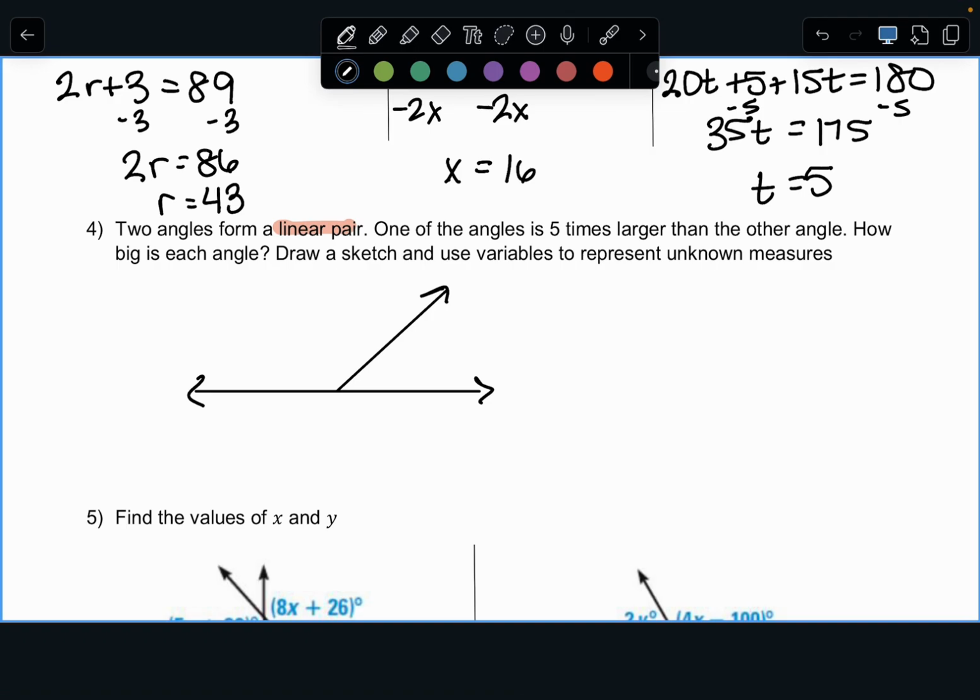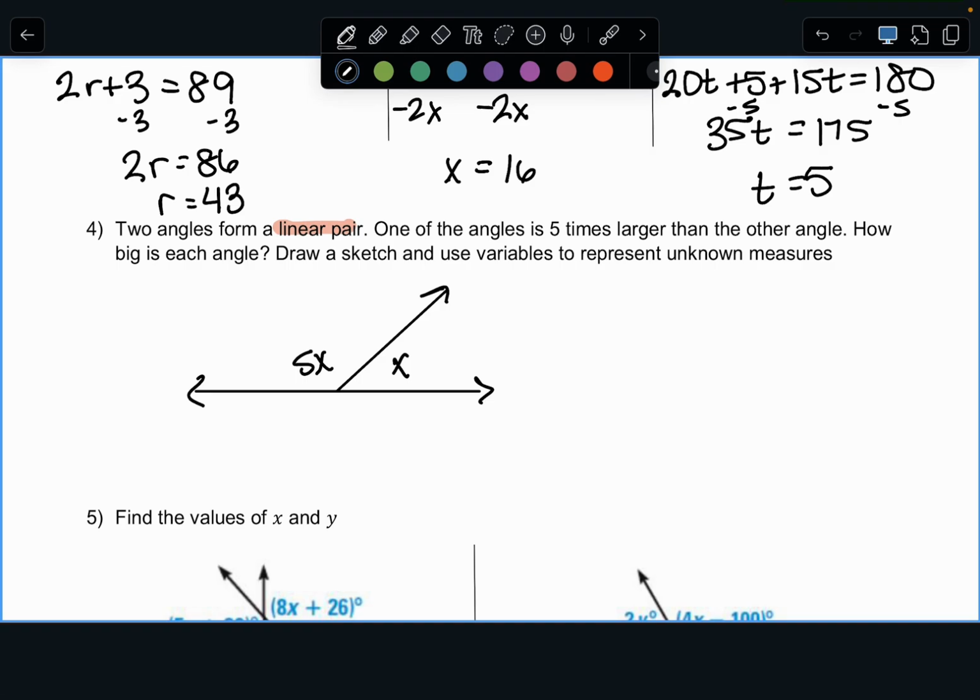And then it says, one of the angles is 5 times larger than the other. Let's call the other angle a variable. Let's call it X. It says my other angle is 5 times larger than it. If this one's X, and this one is 5 times larger than X, what do we think I should call this one? 5X. 5 times X. And then we want to know how big each angle is.